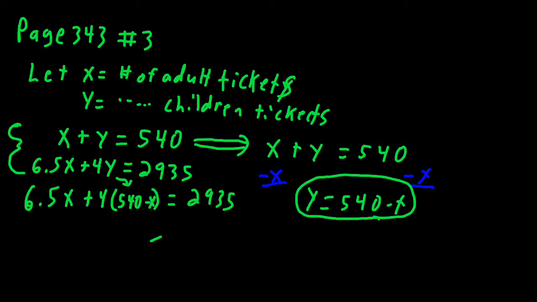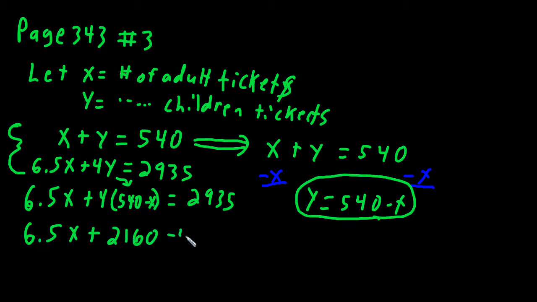You could verify that with your calculator. Minus 4x, equal to 2,935. If I combine the x's, 6.5 minus 4, it'll be 2.5x plus 2,160 equals 2,935.